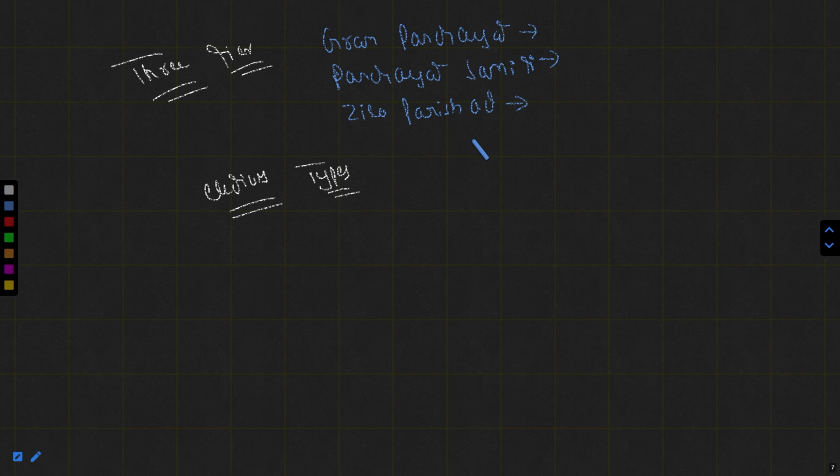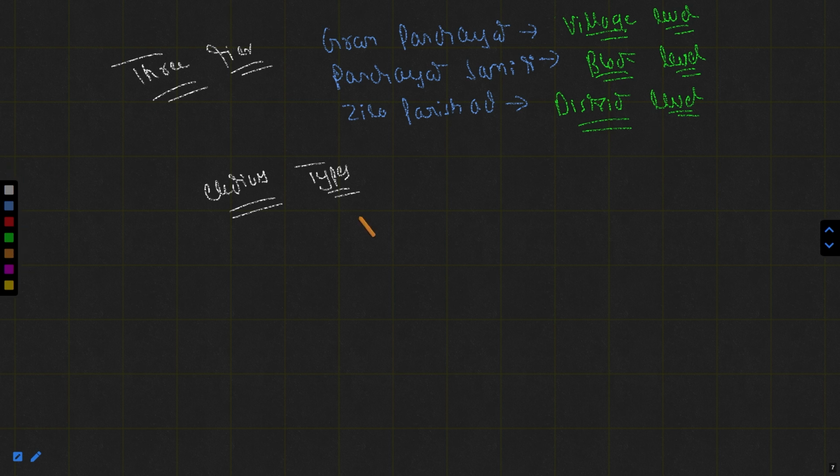Gram Panchayat, Panchayat Samiti and Jila Parishad. The Gram Panchayat is at the village level, Panchayat Samiti is at the block level, and Jila Parishad is at the district level. So these are the three levels.